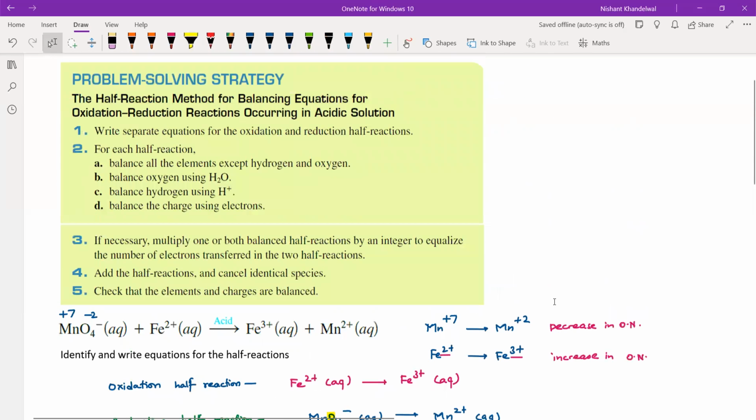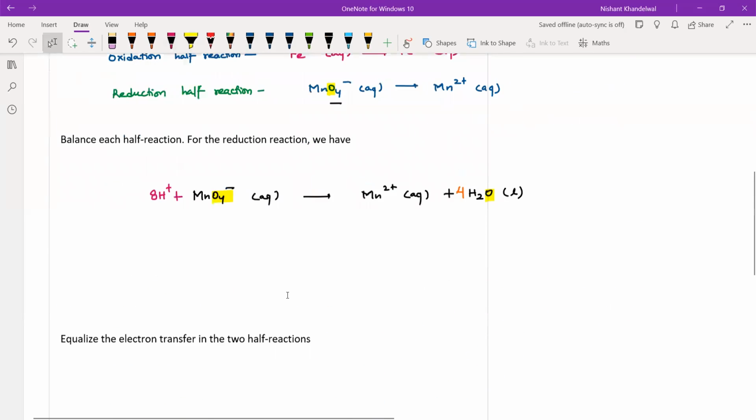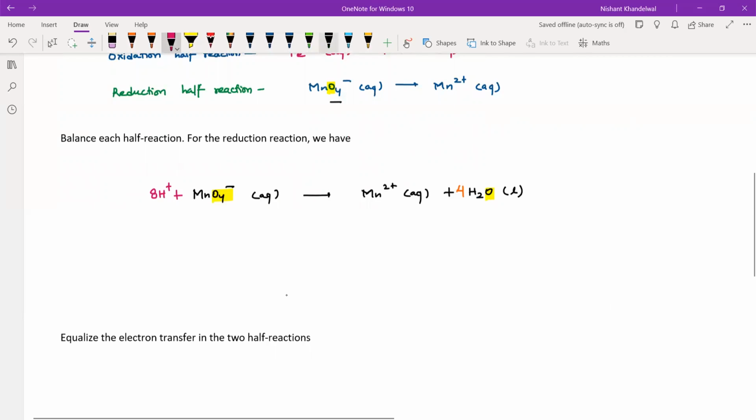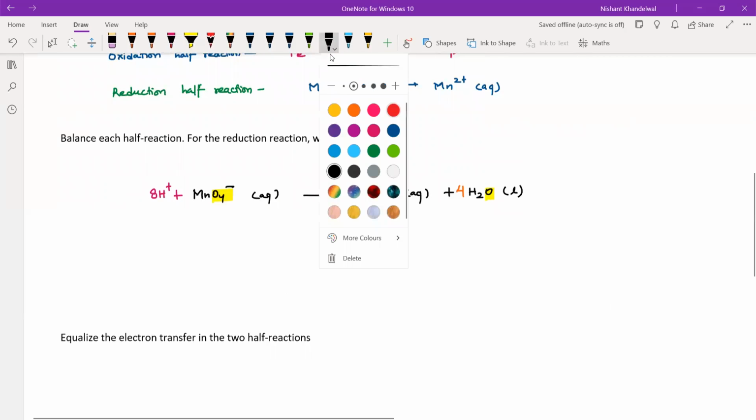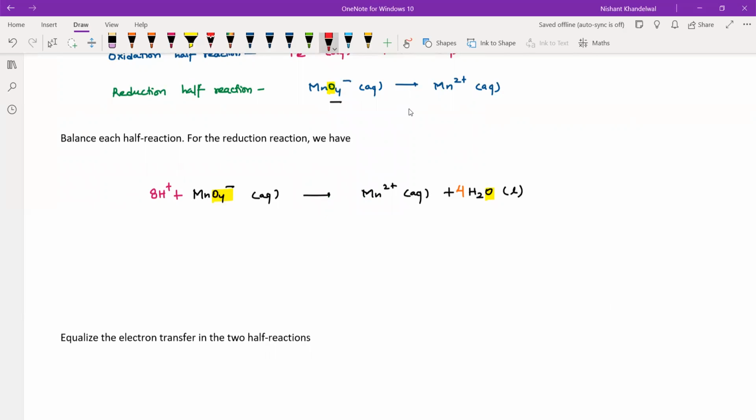So there is point D, which is balancing the charge using electrons. We have to use some electrons to balance this charge. First we have to identify the transfer of electrons taking place in this reaction.